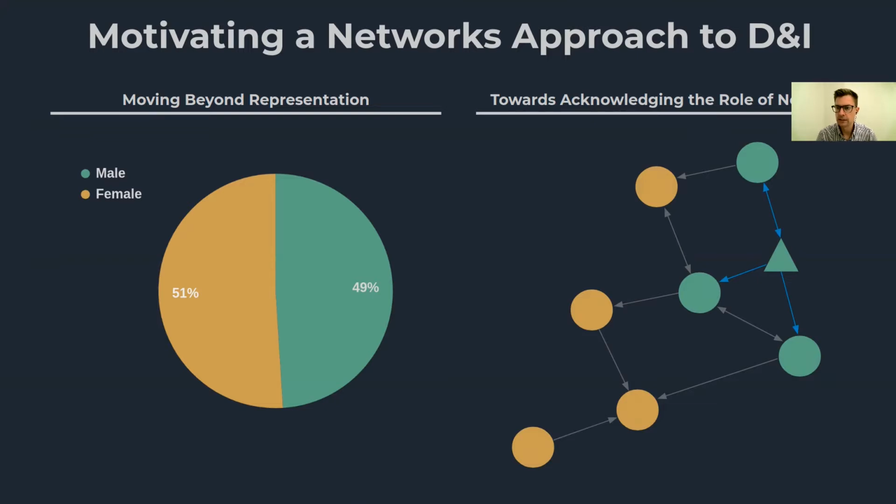But what we see is this triangle that represents the most senior person in this network is only connected to other men. That's the type of thing we're talking about in the context of networks and diversity and inclusion. Are there parts of our organization where men tend to be connected more to men, women to women, and so on? Those types of questions.